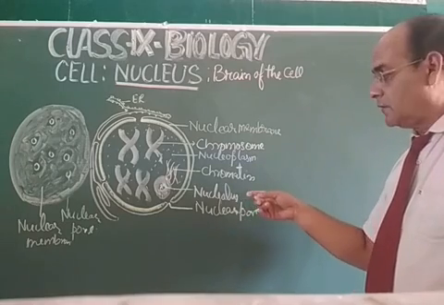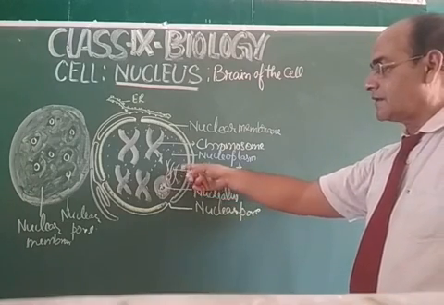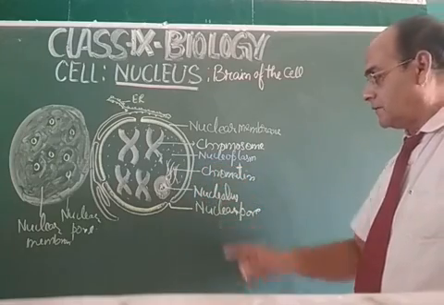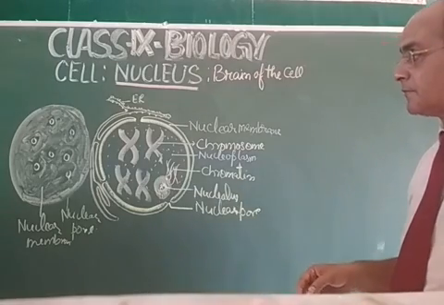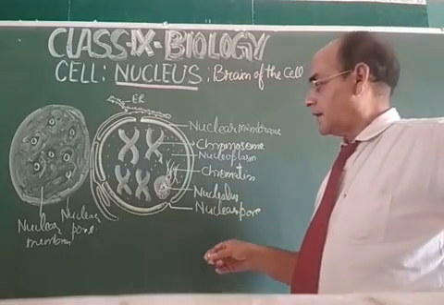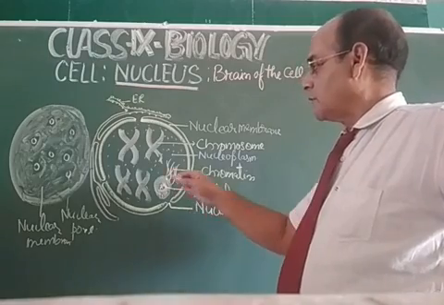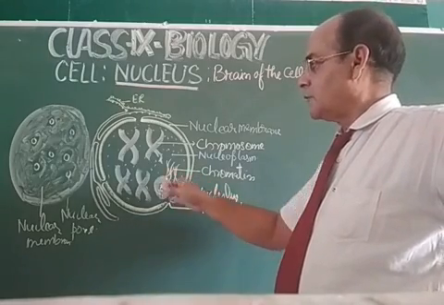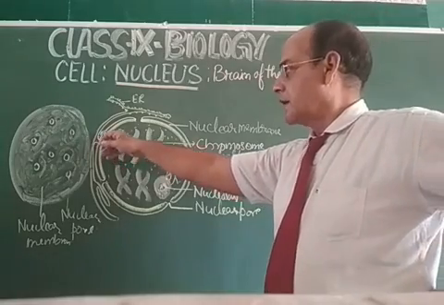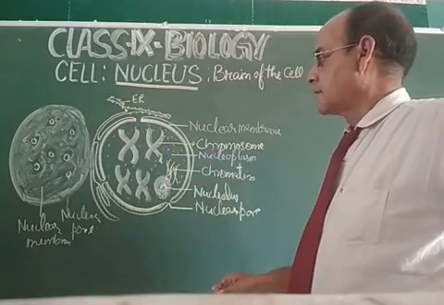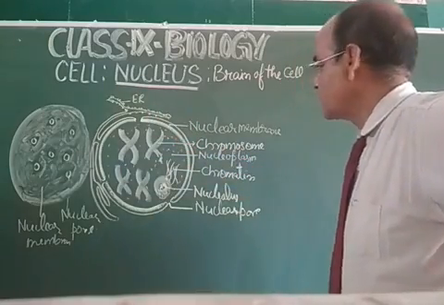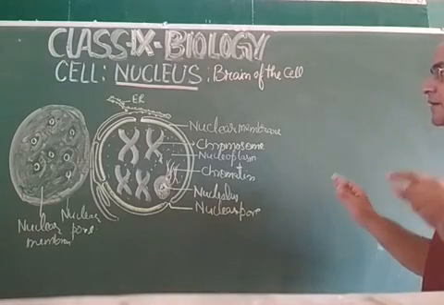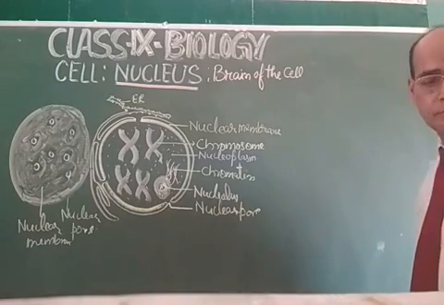The main function of the nucleolus is to synthesize new strands of chromosomes, new chromatin fibers. And this is the nuclear pore for the exchange of material. The exchange of material from the cytoplasm to the nucleoplasm is done either by the nuclear pore or by the endoplasmic reticulum. This is the transporting way. So dear students, this is all about the structure of the nucleus.